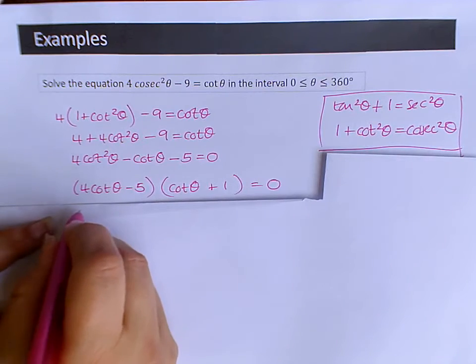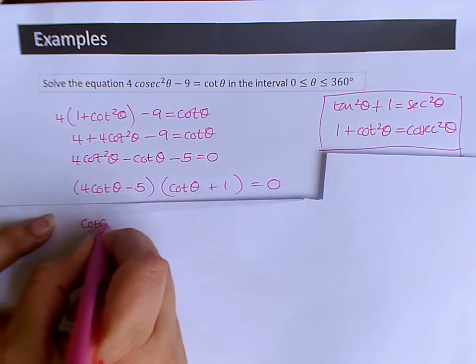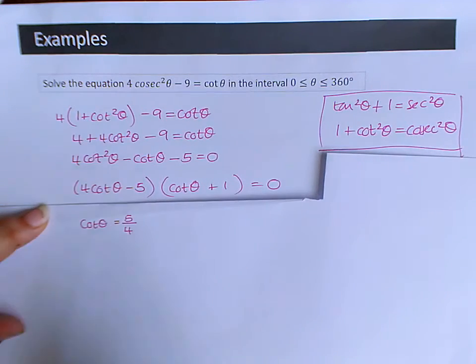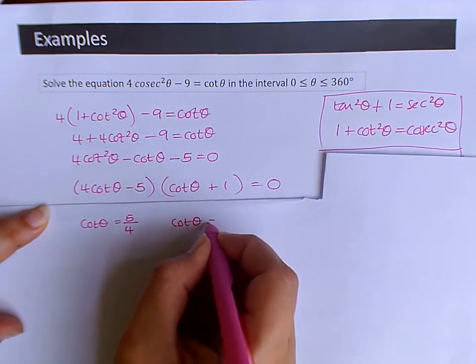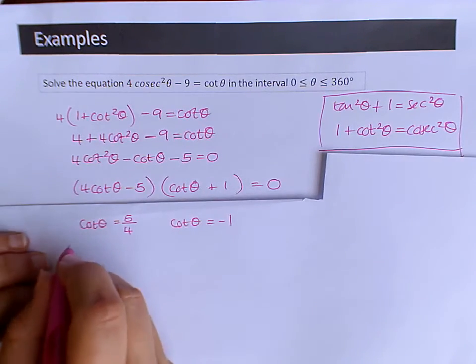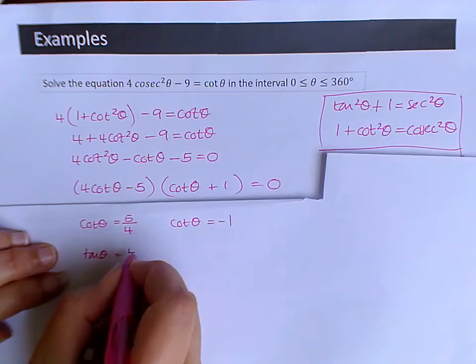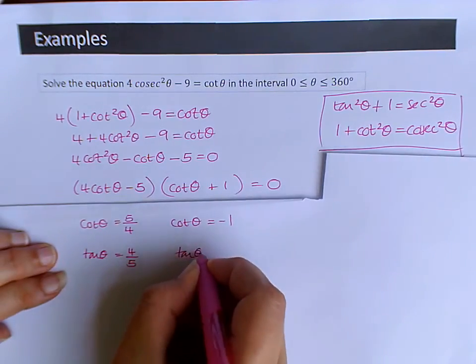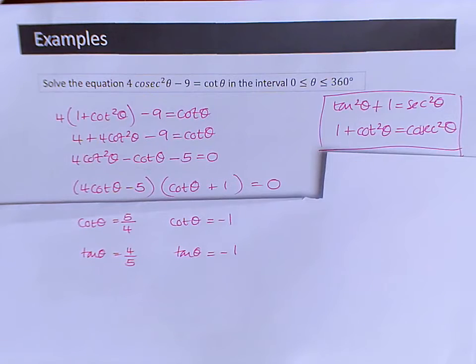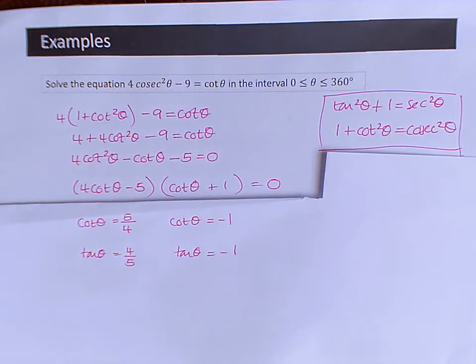So from here, we then can go that cot theta equals 5 over 4, and cot theta equals -1. And remember that cot theta is the reciprocal of tan theta. So tan theta is 4/5, and tan theta equals -1, because the reciprocal of 5/4 is 4/5, and the reciprocal of -1 is -1.